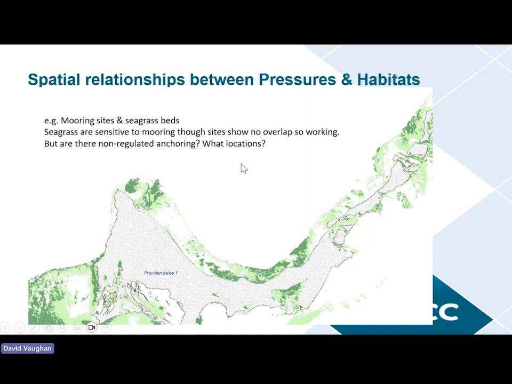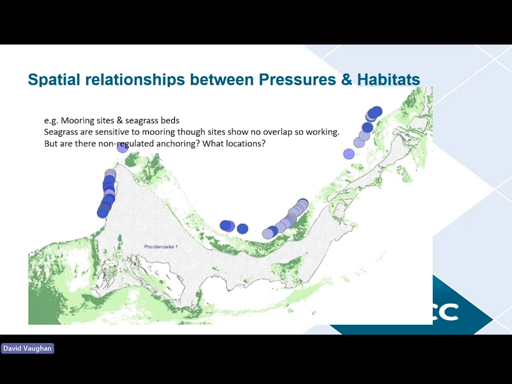And I'll put this in because one of the things is also the importance of scale. We talked about mooring in particular, and this one made the point rather well: you've got a lot of regulated mooring sites, which all neatly miss the seagrass beds as mapped. So that shows that the regulation process has worked.